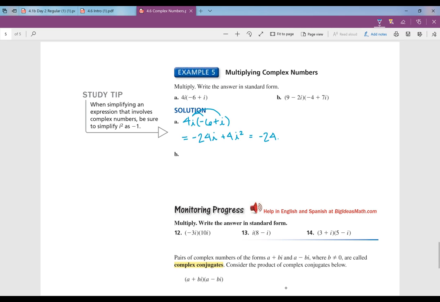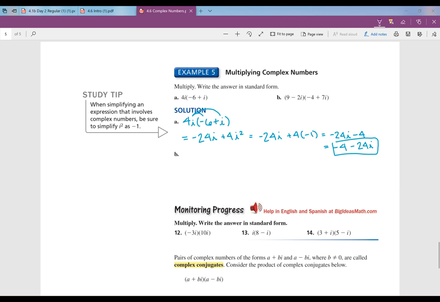So we have our -24i plus 4, and I squared we know is -1. So -24i minus 4. And if we want to put this in standard form, we would just have the -4 first and the imaginary part second. So that would be our answer to part A.